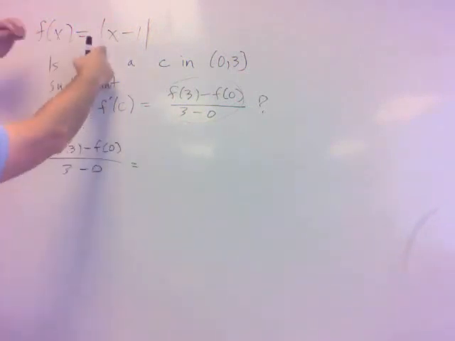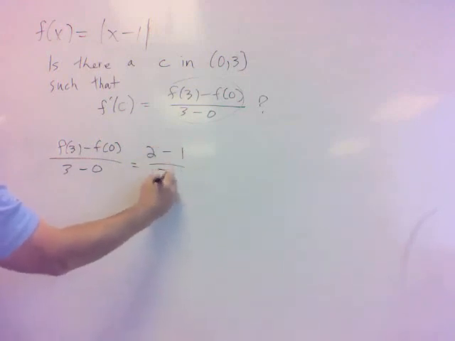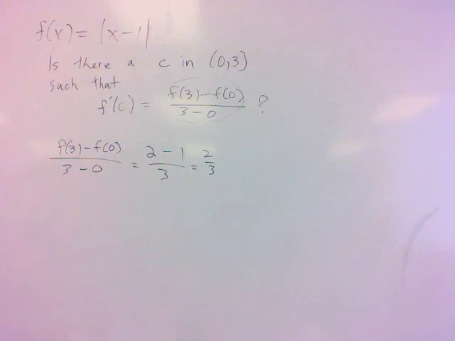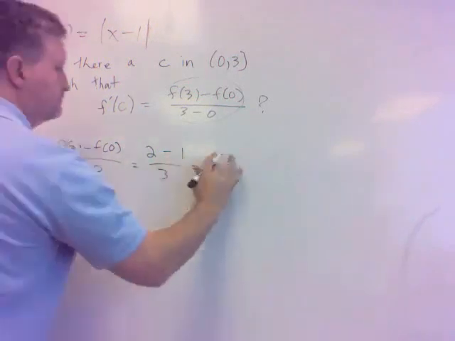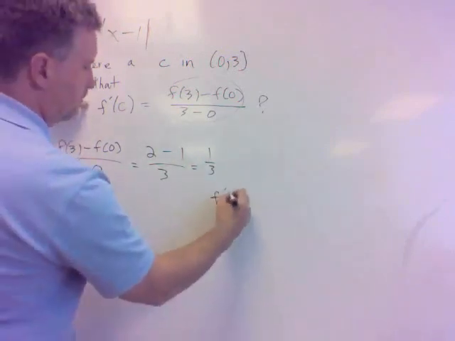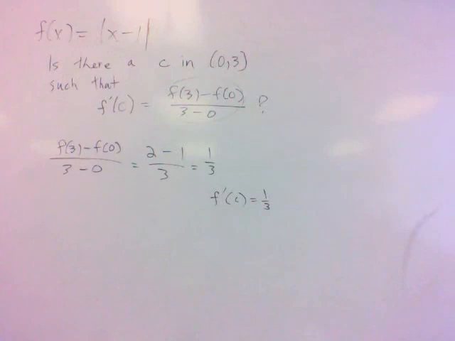All right, so with me, f of 3 would be 2. f of 0 would be 1, so 2 minus 1 over 3, 1/3. So the question is, is there an f prime equal to 1/3? Well, is there? Let's think about this.